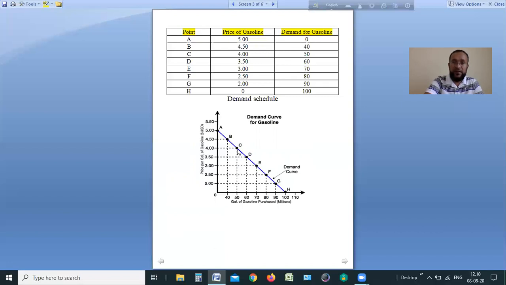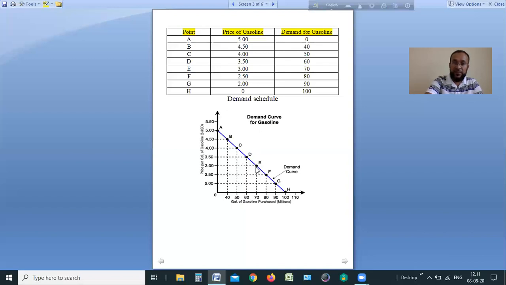At point C, when the price is $4, that means the price decreased again from 4.5 to 4, then demand increased again from 40 gallons to 50 gallons. Same at point D, when the price decreased again to $3.5, demand increased from 50 gallons to 60 gallons.